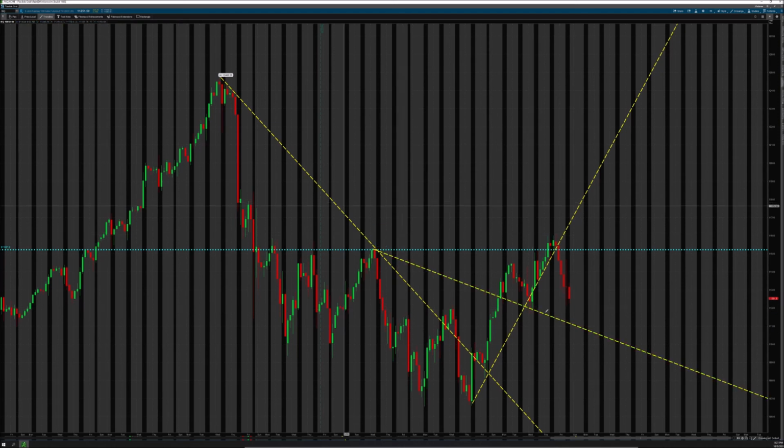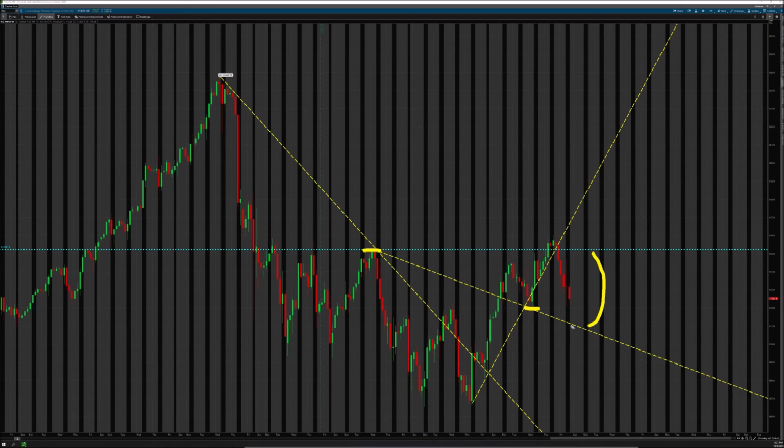So we did another trend line, attaching the trend line to the high here and then the low down here on this pivot. Now this creates a megaphone.